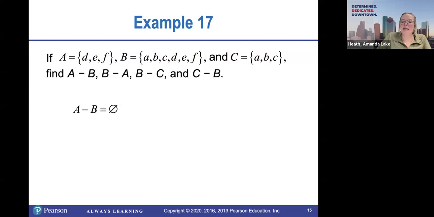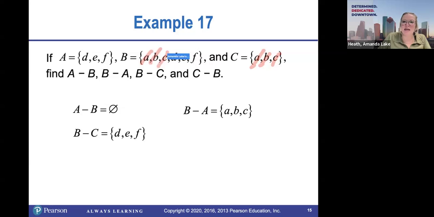If we think about B and A, the difference going that direction, we would remove D, E, and F from B and be left with A, B, and C. Then if we are going to find the difference between B and C, we would remove A, B, and C from B, and we'd be left with D, E, F. And again, if we take C minus B, we'll be left with the empty set.